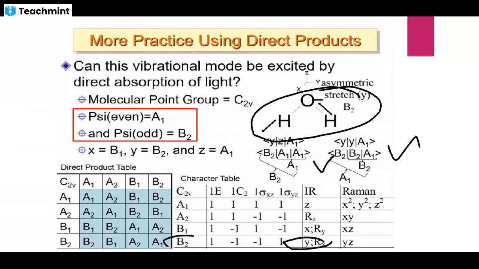So you put B2: A1 into B2 is equal to B2, B2 into B2 is equal to A1. I told you already, if you multiply the same twice you get A1, whether A1, B1 or B2. That is the orthogonality. If you know the great orthogonality theorem, you find why it is like that. If you are curious about the answers, search yourself.